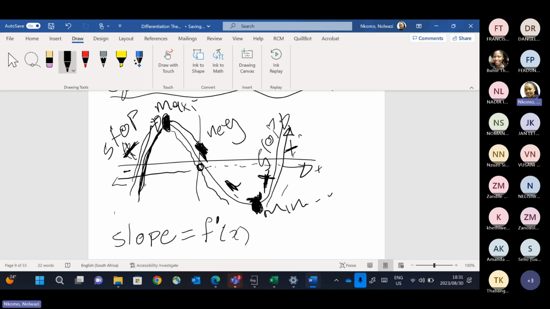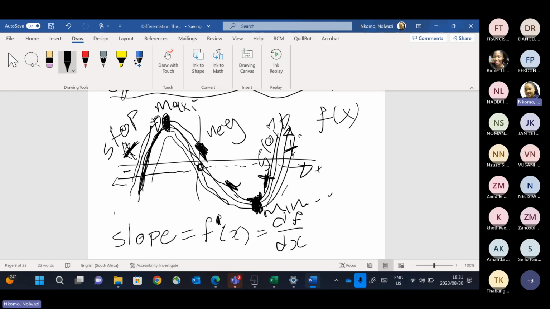If this curve represents the function f at x, the slope of this curve will equal f prime at x. Again, remember f prime at x is equal to the derivative of f with respect to x, right?